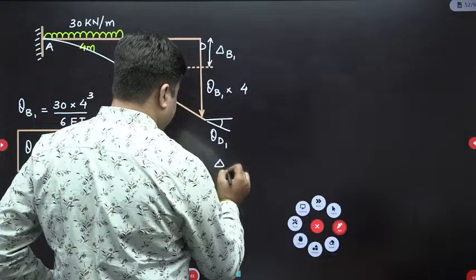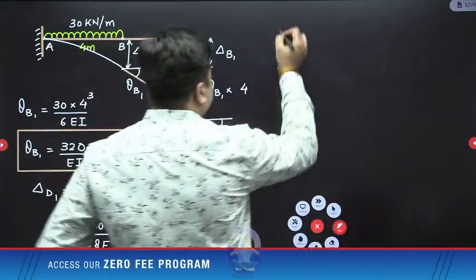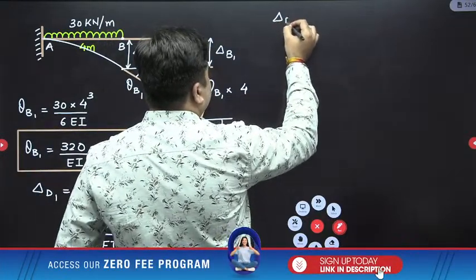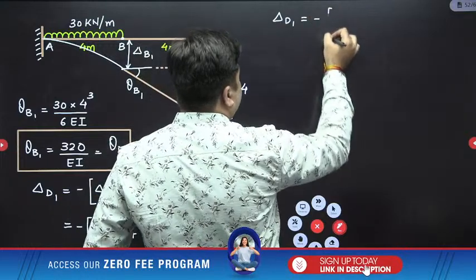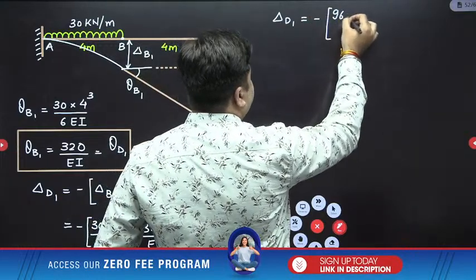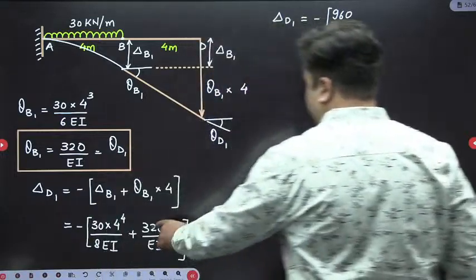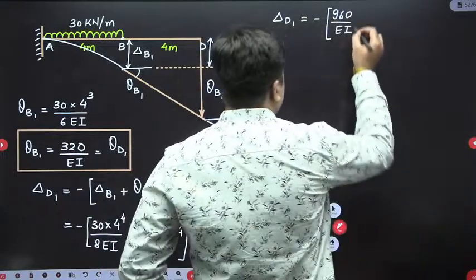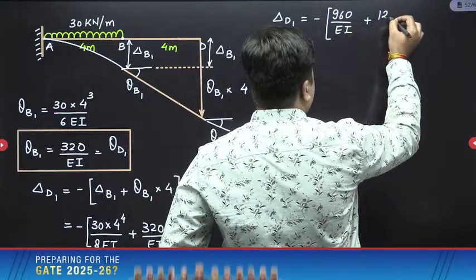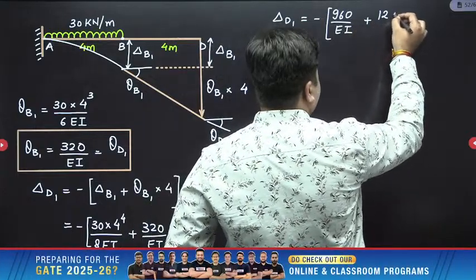So delta D1 is minus of 960 by EI plus 320 into 4. What is 320 into 4? 320 into 4 is 1280 upon EI.